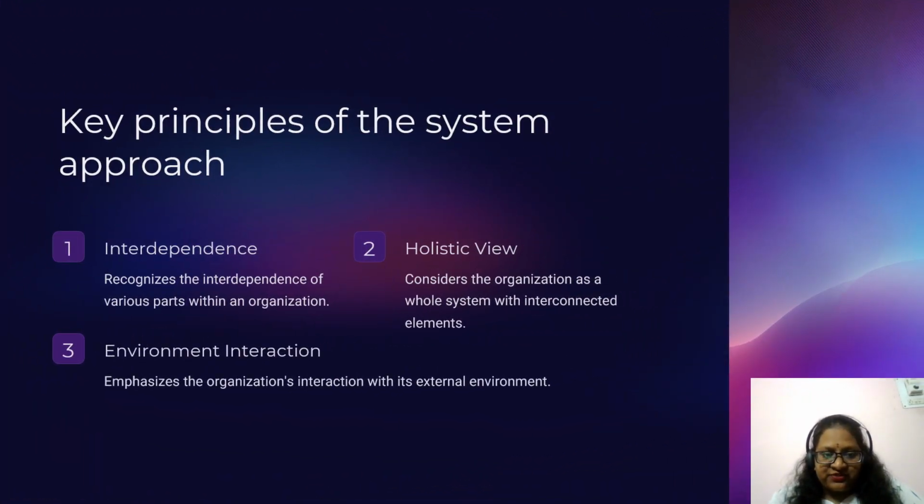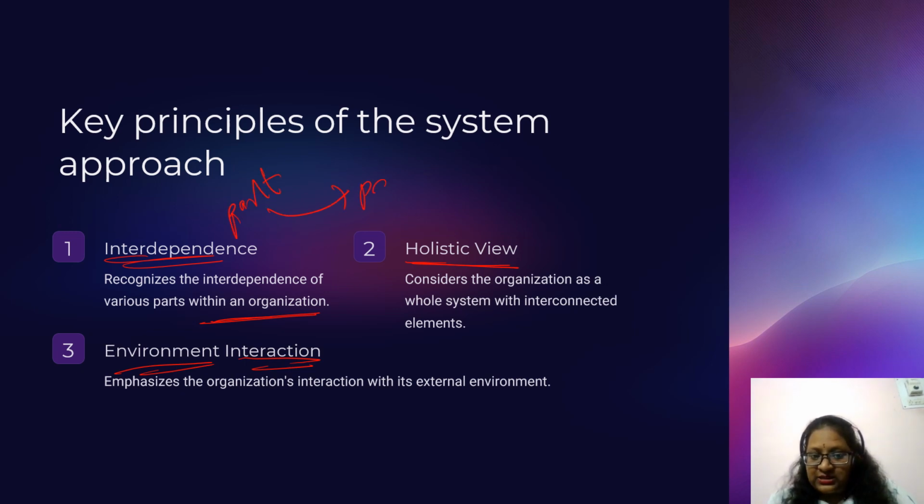Key principles of the system approach: interdependence and holistic view, and environment interaction. Interdependence recognizes the interdependence of various parts in an organization, how one level or one part of the organization is dependent on the other part. The whole system is entirely dependent on each other.